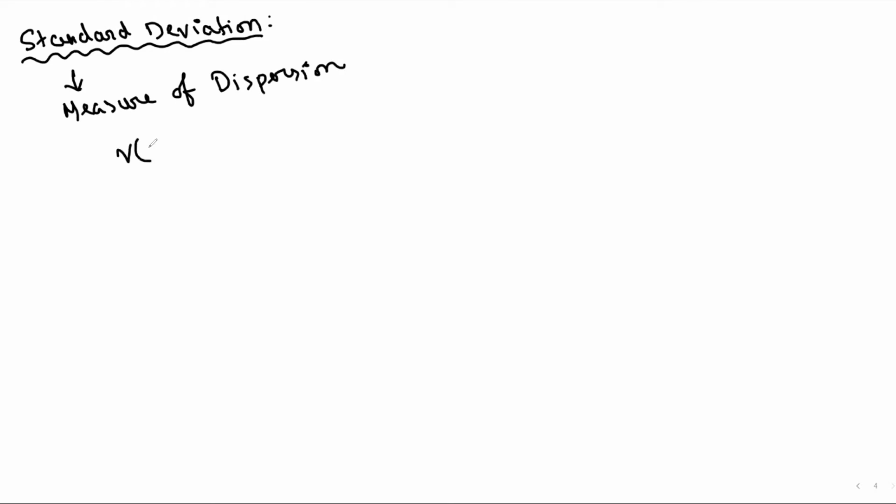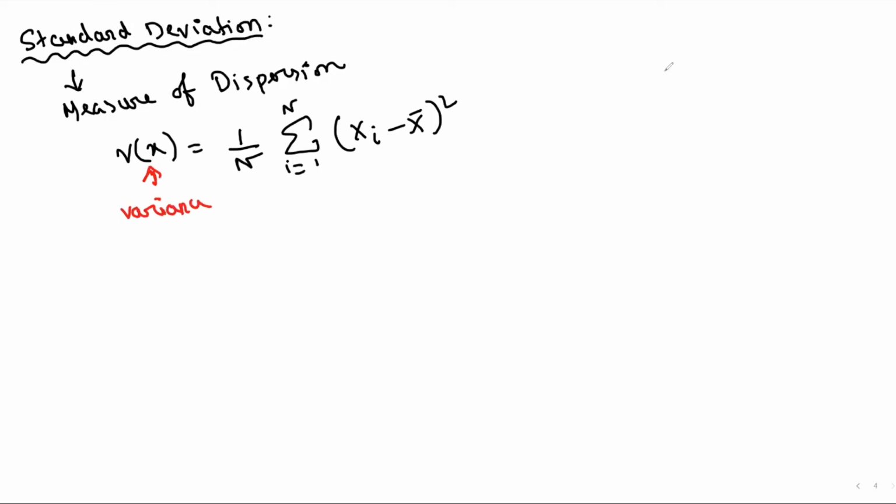So the variance formula is 1 by n, summation of i equal to 1 to n, x of i minus x bar whole square. This is the variance we just saw. And what is standard deviation? Standard deviation is denoted by sigma. This is the symbol for standard deviation. Sigma is the root of variance.